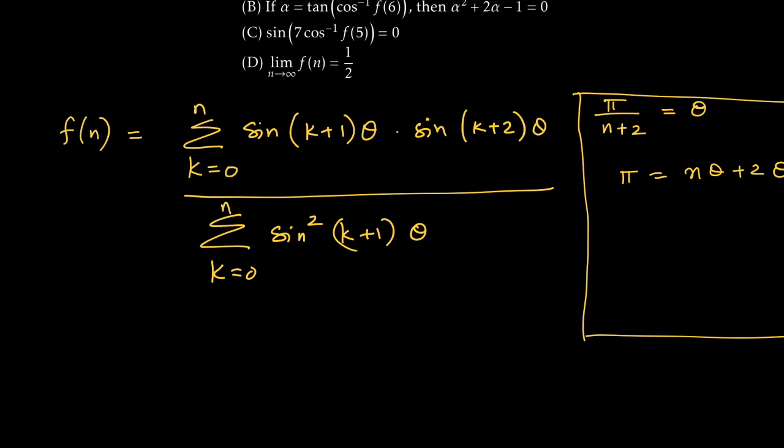The first method is to rewrite the numerator by putting a 2 here, so the numerator is of the form 2 sine A sine B. 2 sine A sine B is nothing but cos of A minus B minus cos of A plus B. Similarly in the denominator, 2 sine square alpha is 1 minus cos 2 alpha.